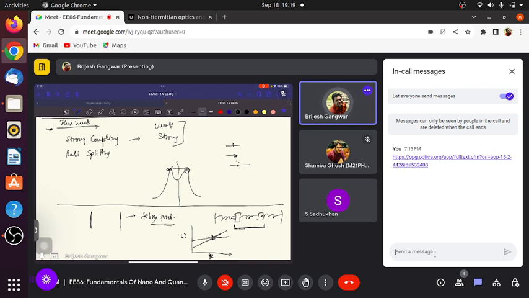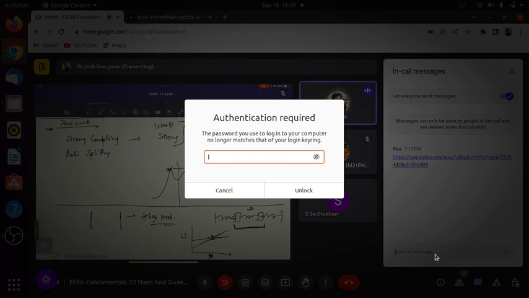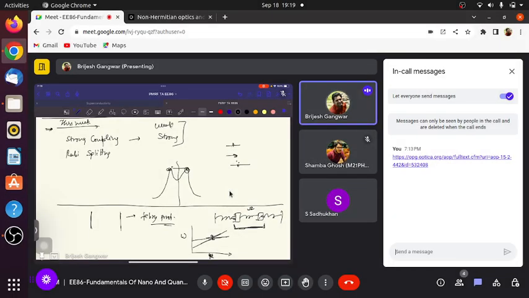In strong coupling there is one condition: let's say these two oscillators have some coupling strength, capital omega, and some loss, inherent loss, that is called gamma. If the exchange of energy between these two oscillators is greater than the sum of the losses, then only this condition can happen.